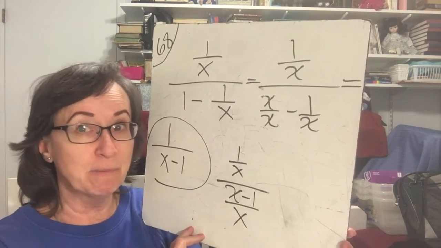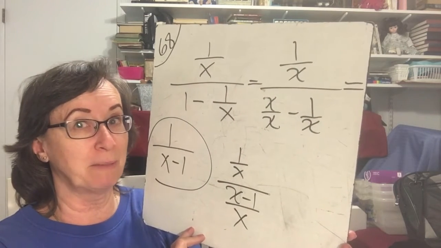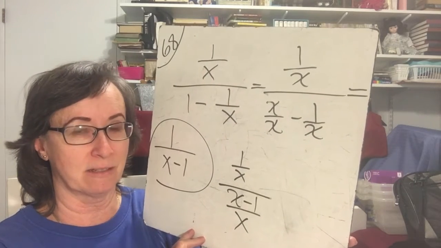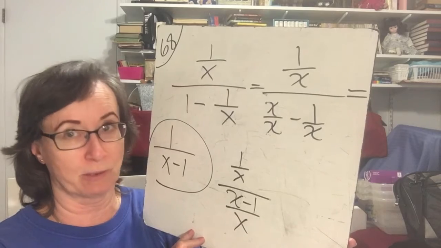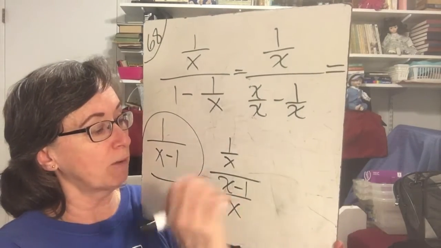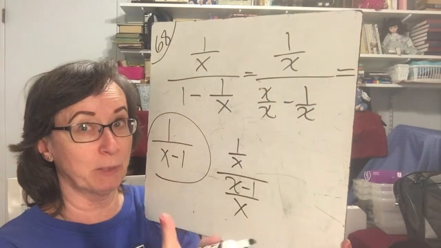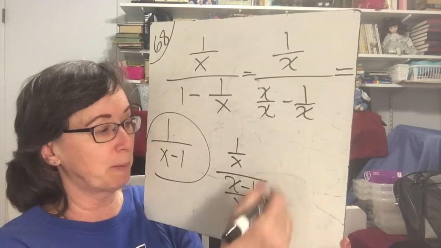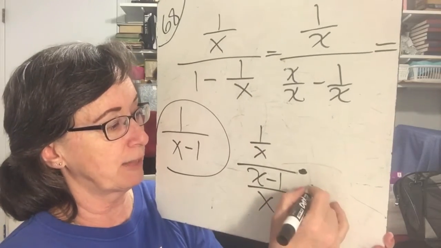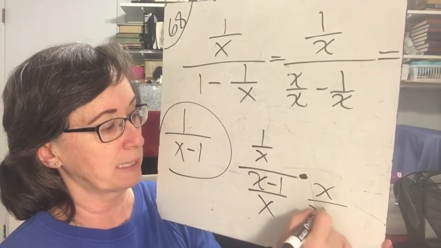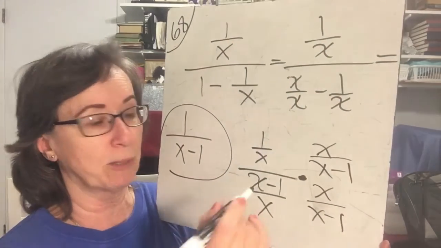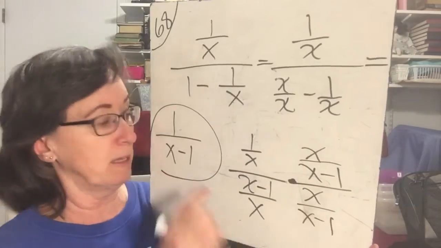And sometimes multiplying by x over x is going to get you there faster than multiplying by reciprocal over reciprocal. So here, I'm doing it the way the book tells you to do it. I'm going to multiply by 1 in the form of the reciprocal of the denominator. So that's going to be x over x minus 1, x over x minus 1. And what I'm trying to show you is that you will still get this answer.